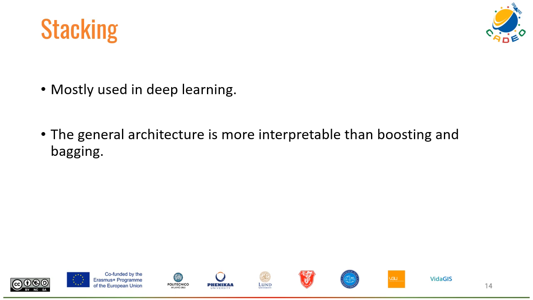Compared to boosting and bagging, stacking's architecture can offer enhanced interpretability as it integrates insights from different models to provide a more comprehensive understanding of the data. So it's very easy to interpret the results and how the predictions are made.